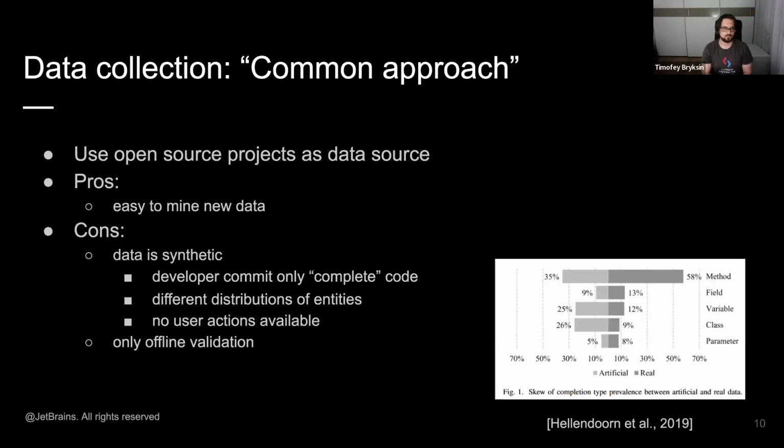They collected some edit actions from real people in Visual Studio, and they compared this distribution to the ones in the data sets that people use in academic papers, and they showed that these distributions are different. So if your model is trained on those artificial data sets, it would have bias. I guess every data set has bias, but still it would have a different kind of bias than the real data usually have.